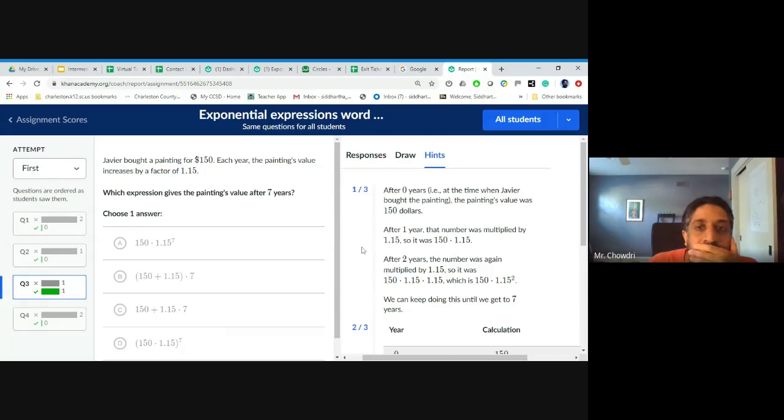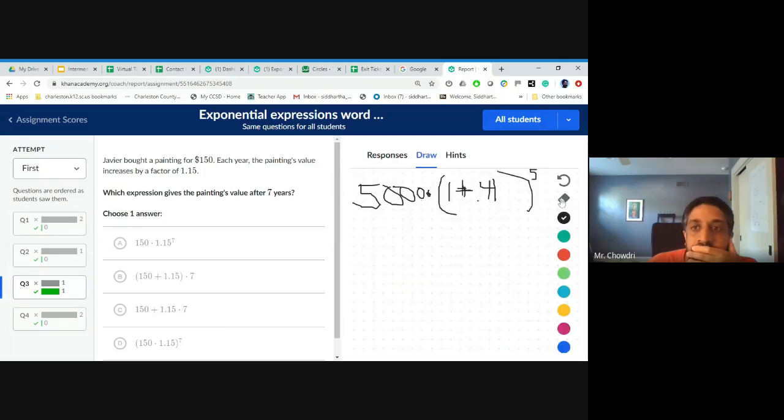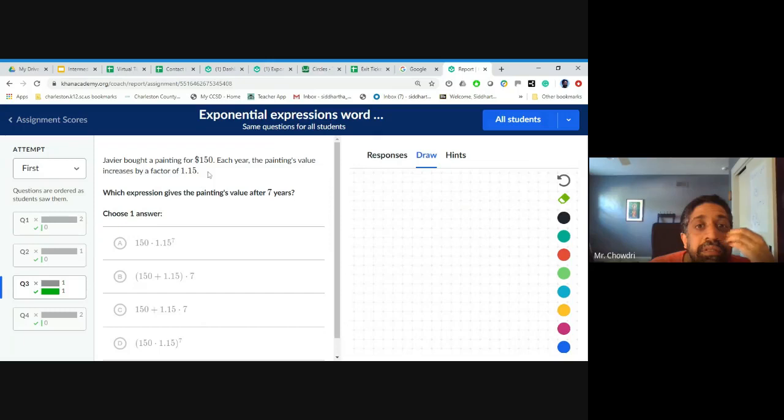Okay, so I'm going to go back to drawing because I don't want you to just see the answer right away. Javier bought a painting for $150. Each year it goes up by 1.15. So it's pretty simple.